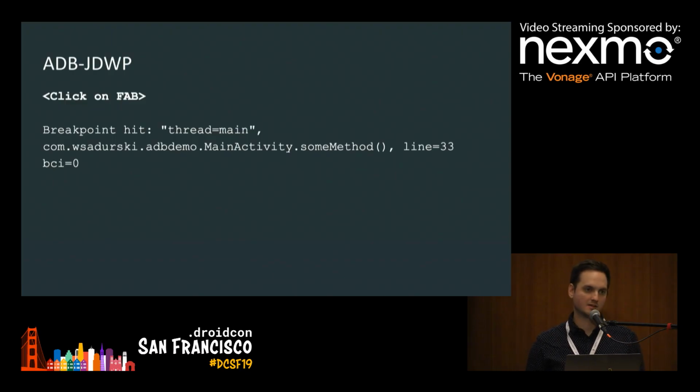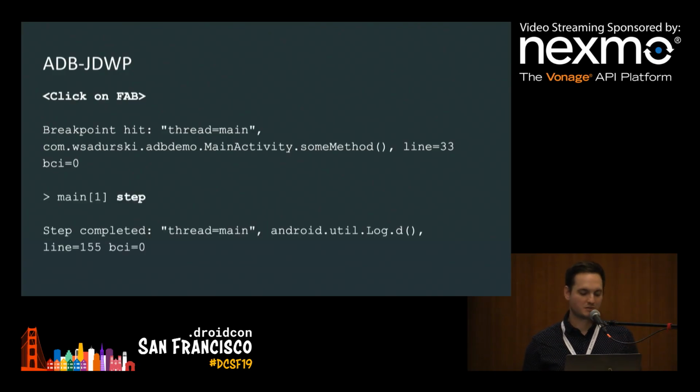Then if we click on our floating action button, the debugger stops at the header of our method at the selected line. And then if we want it to step, it steps one line further to the log method, which was inside of the method body.